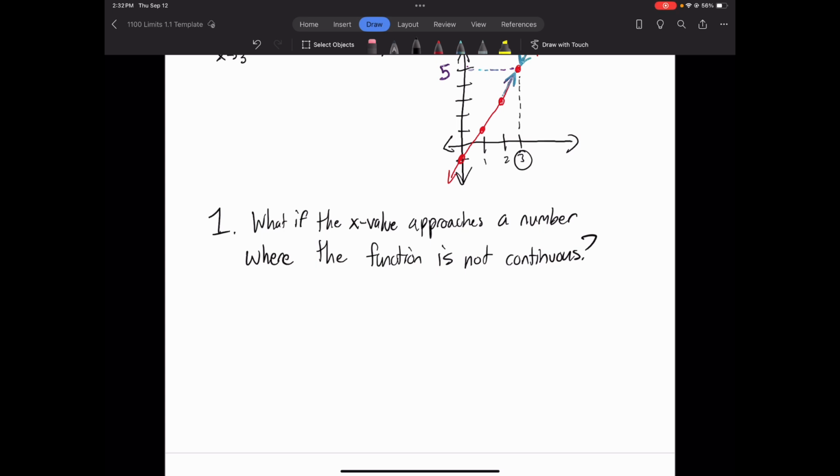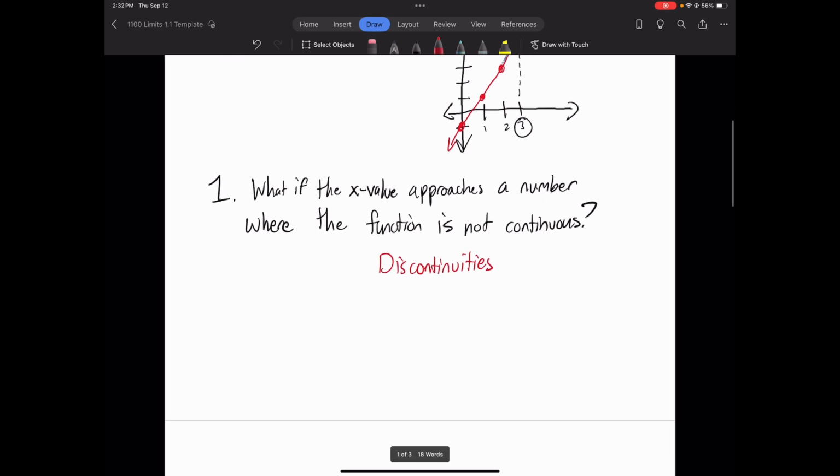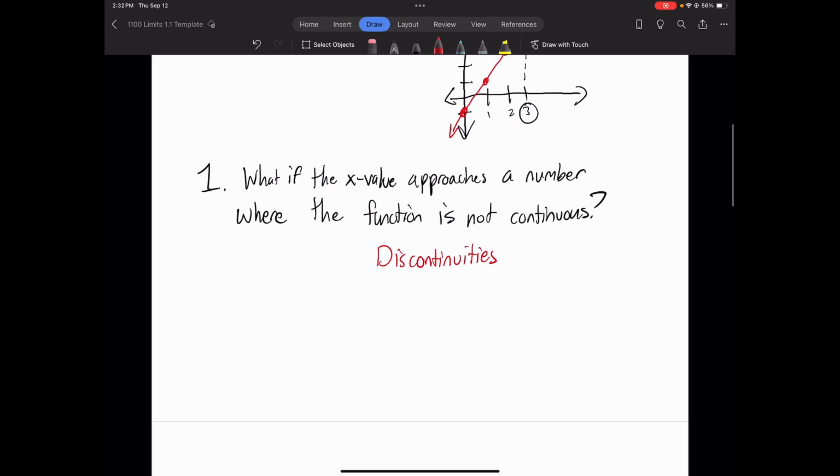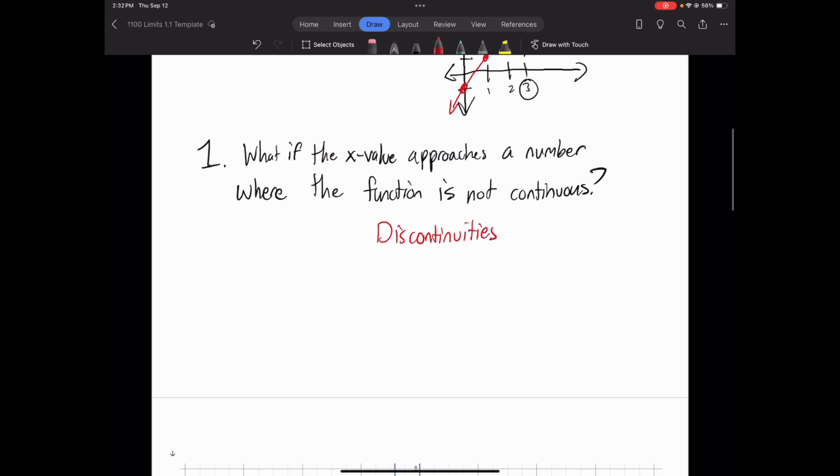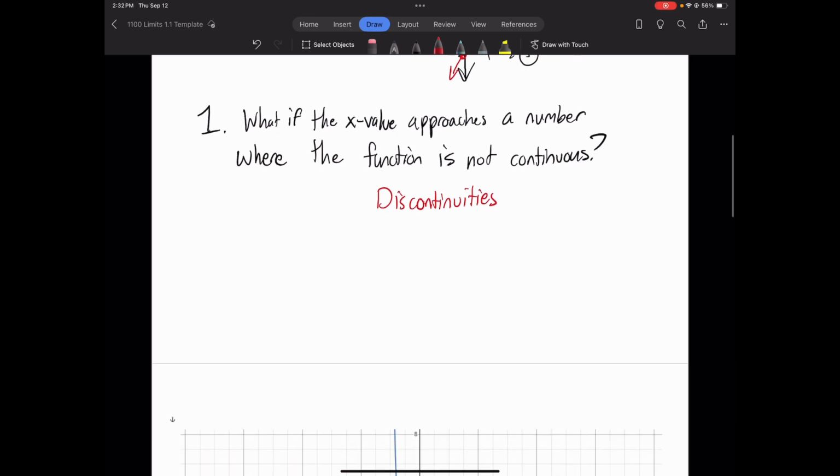We call these discontinuities. So that's where limits can be helpful, because with the discontinuity, you can't actually plug a value into your function because a lot of the times your function's undefined at that point.